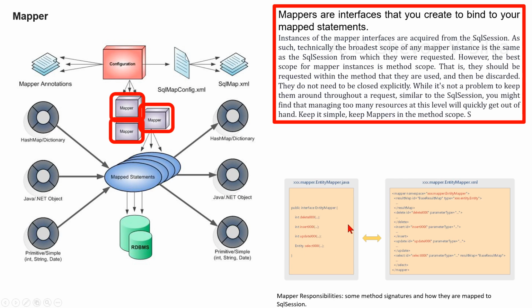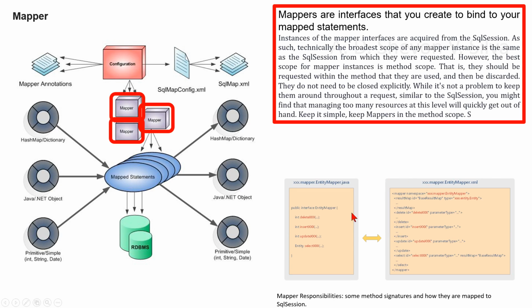MyBatis will determine the statement ID according to the method name and the parameter type of this method, and then map it with the SQL session, and the bottom layer completes the interaction with the database through the SQL session.